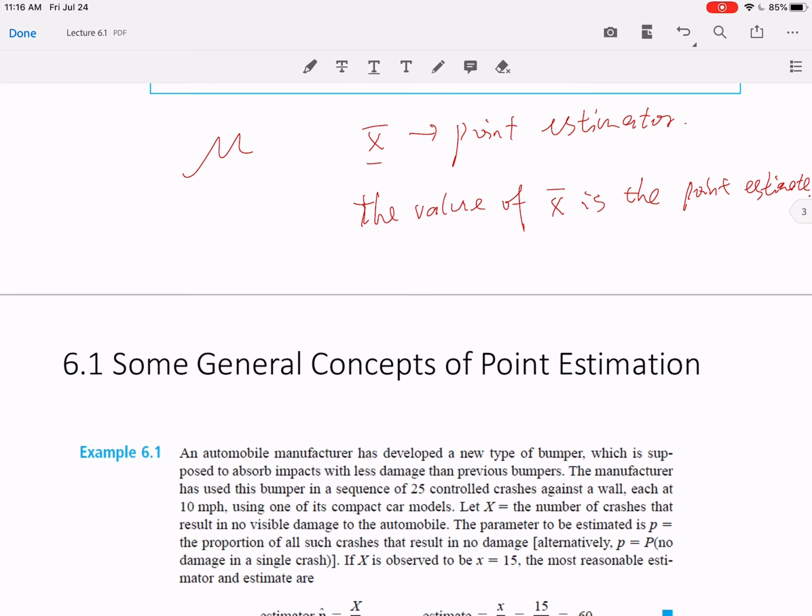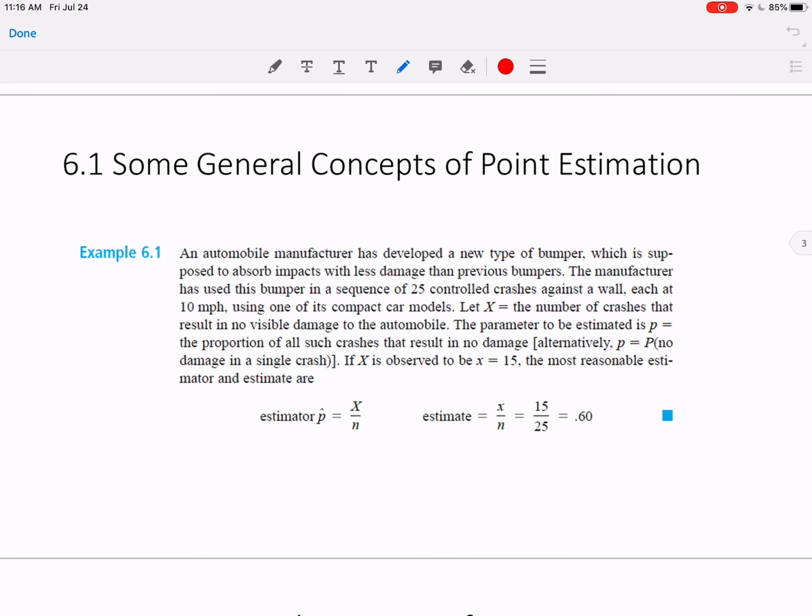Once that's clear, let's take a look at this example here. I think that will make everything clear. An automobile manufacturer has developed a new type of bumper which is supposed to absorb impacts with less damage than previous bumpers. The manufacturer has used this bumper in a sequence of 25 controlled crashes against the wall, each at 10 miles per hour, using one of its compact car models.